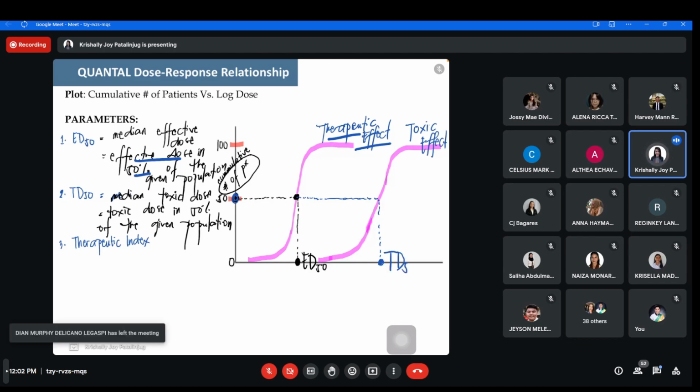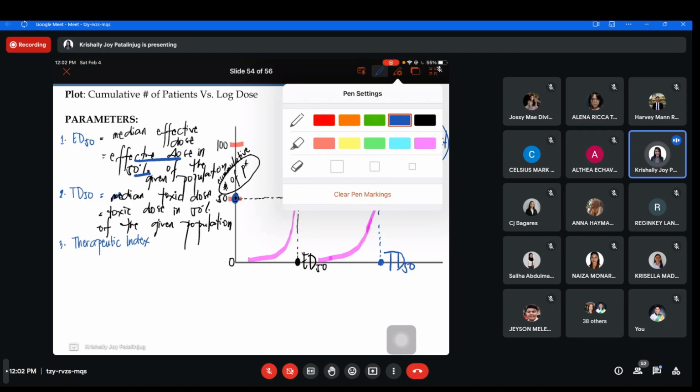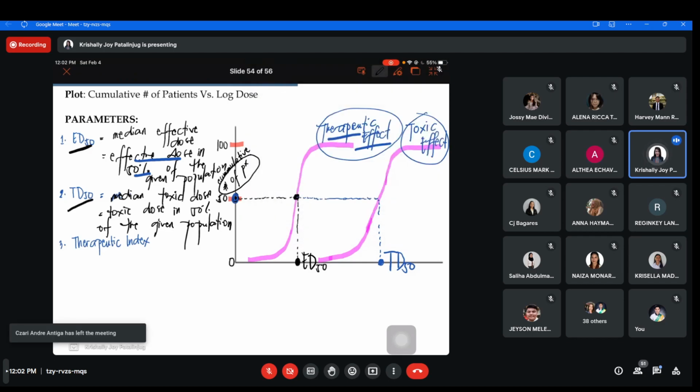Again, that's the median toxic dose or the toxic dose in 50% of the given population. Okay? So you have here the beneficial effect. Ito naman, the toxicity or toxic effect. Okay? Ayan. It's easy to understand these parameters if you apply this on the graph.